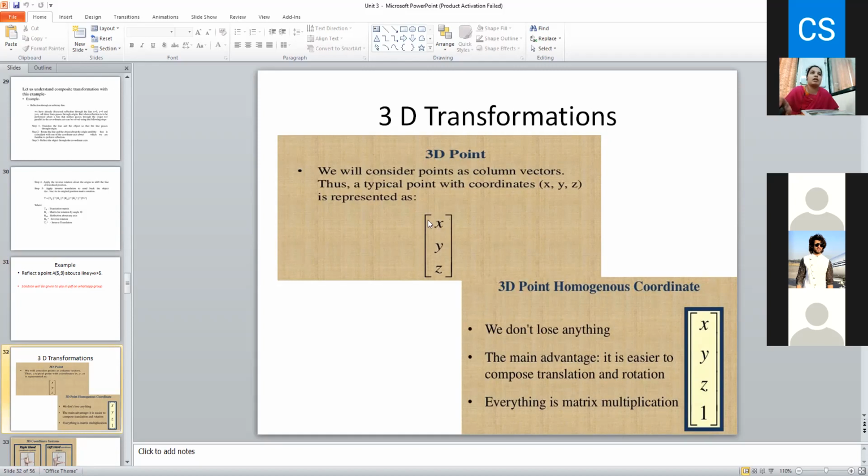So point is represented either in 3 rows 1 column or 1 row and 3 columns. So 2 representations are there. You can apply any one. And 3D homogeneous coordinate also we can write in 2 ways. Either the 4 rows and 1 column, or I can have 1 row and 4 columns. Okay, so that is the representation of a 3-dimensional point.